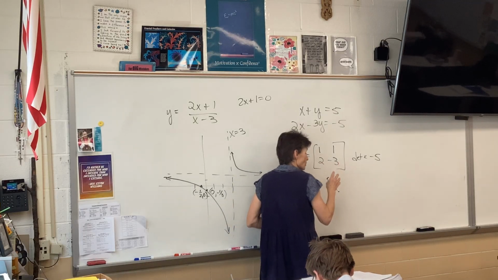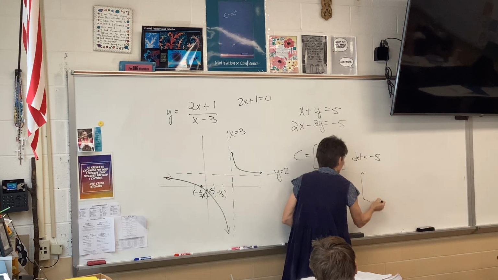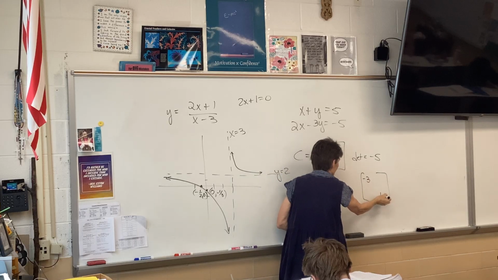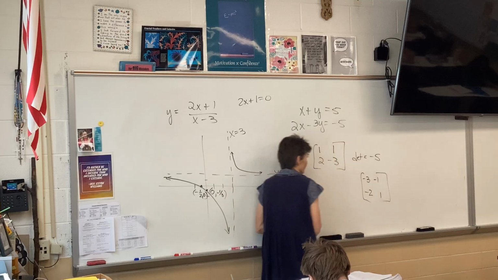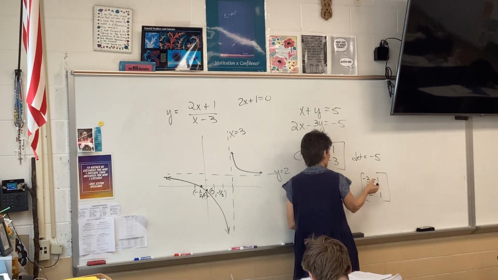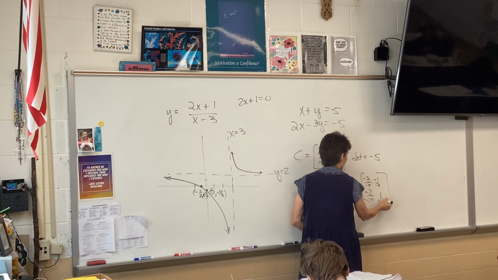Alright, so then you build a new matrix by flip-flopping these and changing the signs on those. Then we take that new matrix and divide everything by -5.